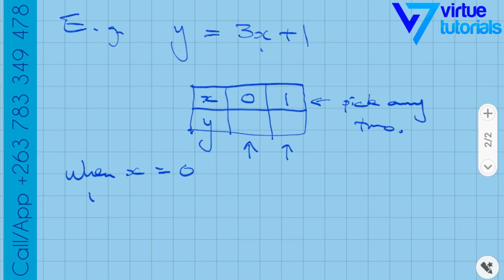When x is equal to 0, y is equal to 3 times x, but x is equal to 0, plus 1 according to our equation. So 3 times 0 is 0. 0 plus 1 gives us 1. So when x is 0, y is equal to 1, right?